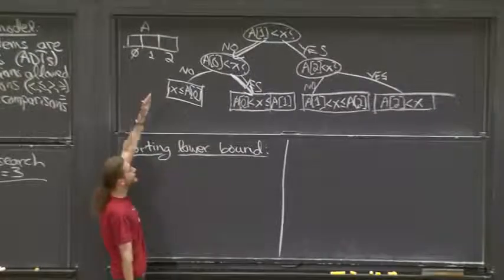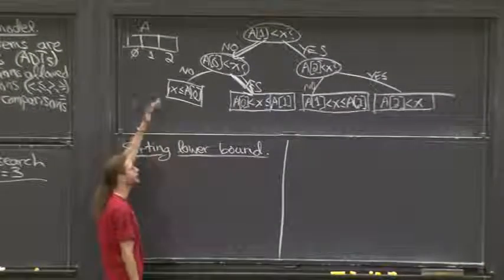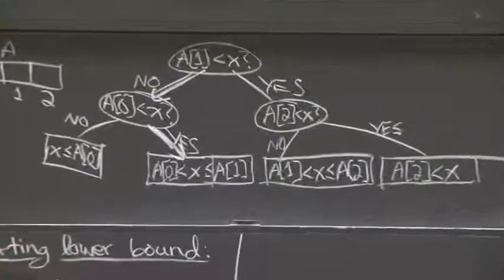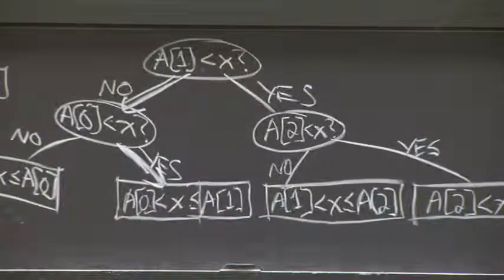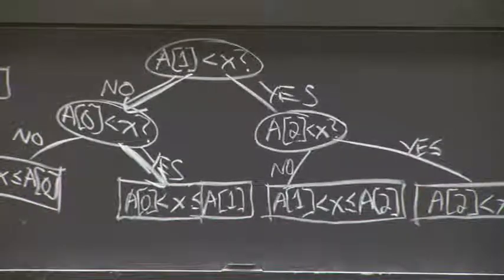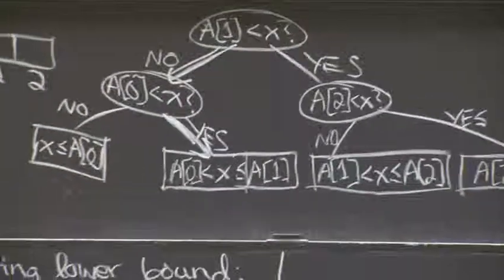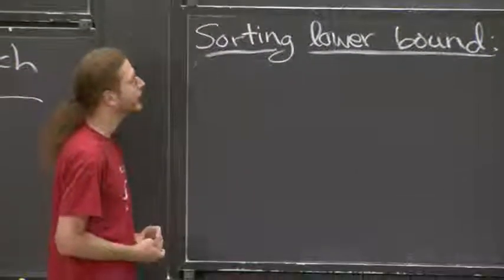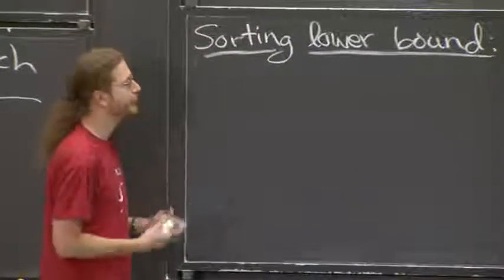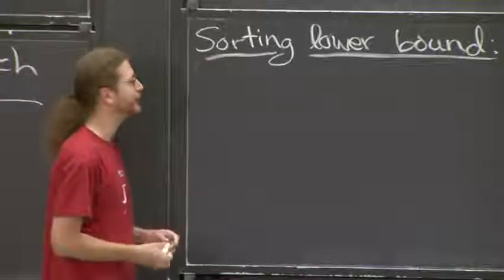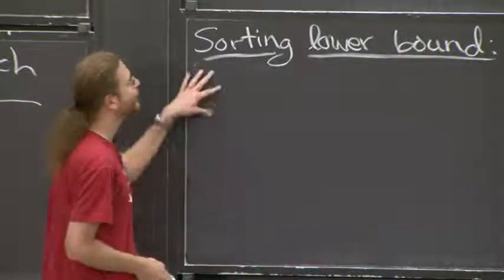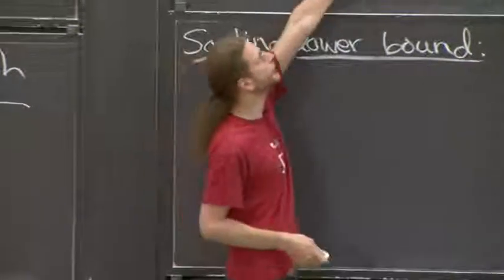If the height is n log n, and it's binary and branching everywhere, that's a lot of nodes. 2 to the n log n is big, more than 2 to the n even. So it's hard to draw a picture even for n equals 3. You can do it. People have done it, but I don't want to. I'm lazy. But the internal nodes look just the same.